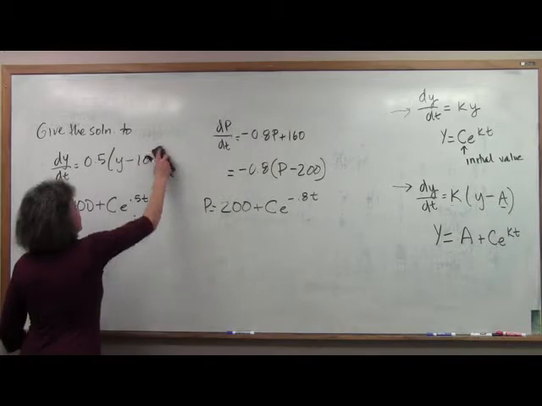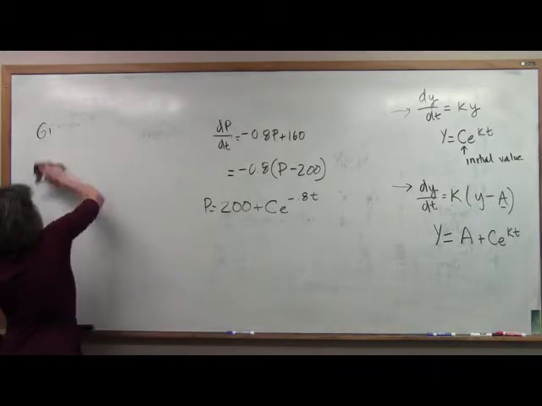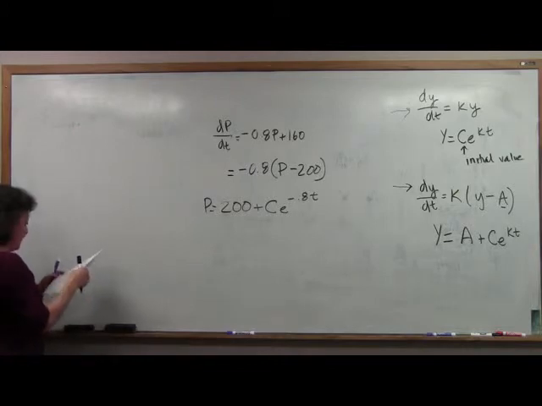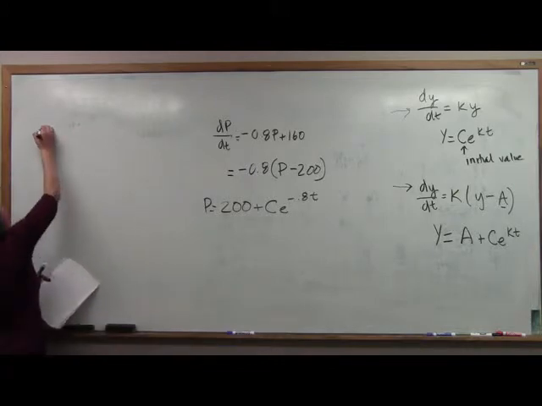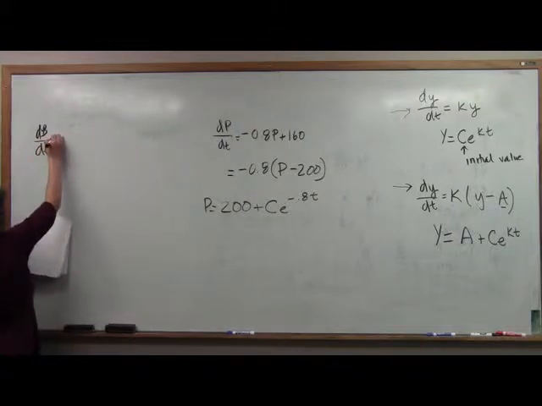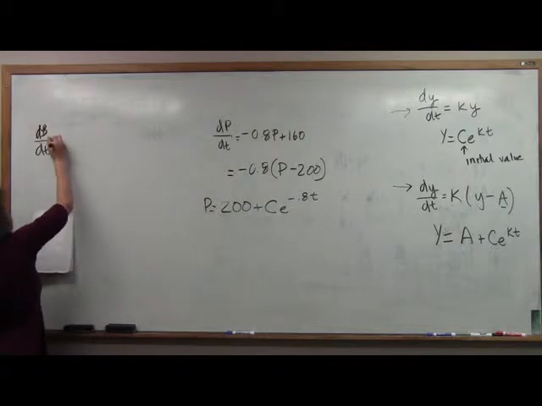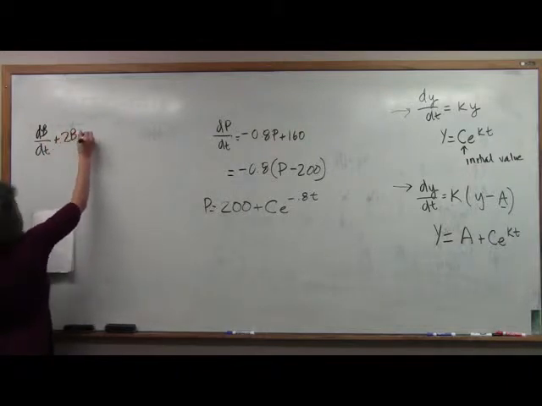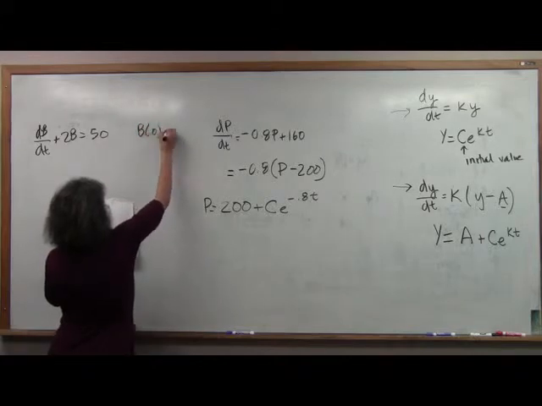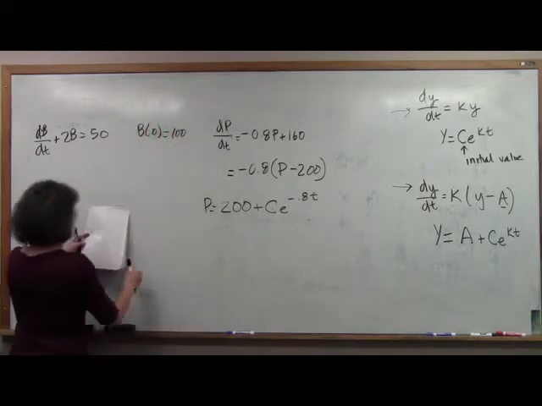All right. Let's just do a couple more. What if now I tell you dB/dt plus 2b equals 50. And I'm also going to tell you that b(0) is 100.